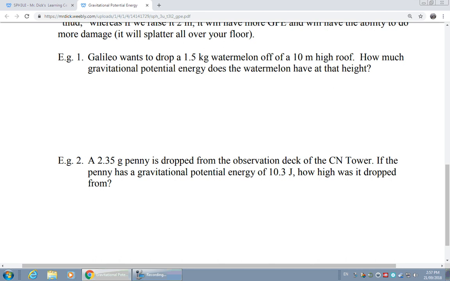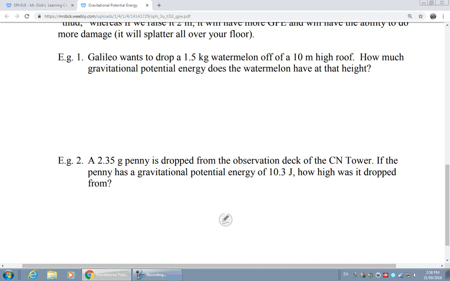You can decide whether or not you want to try this experiment at home. But for us, we're going to try and find the gravitational potential energy that the watermelon has when he's just raising it to that height. Again, it'll be able to do some work on other things when it's dropped, but we're just trying to find how much stored up energy is available for it to do work on other things around it.